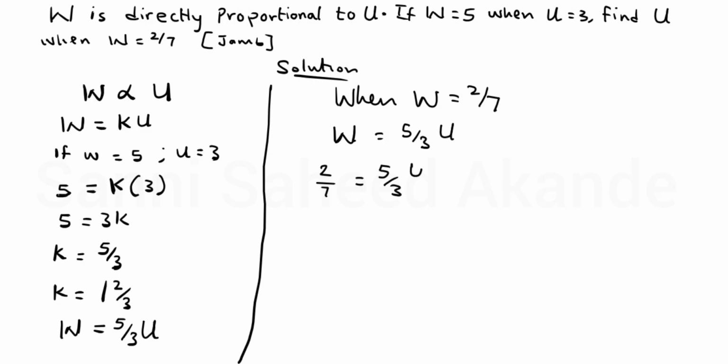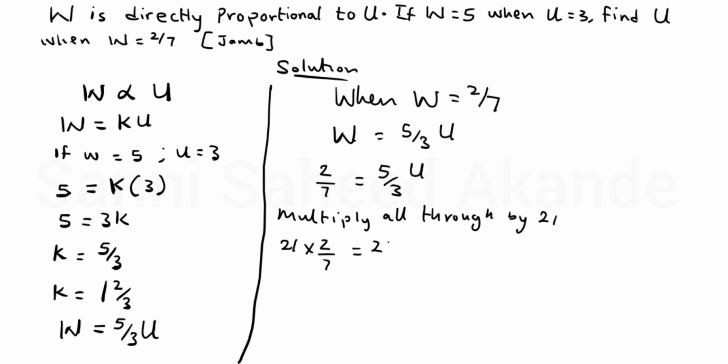Okay, so the LCM of 7 and 3 is 21. So I'm going to multiply all through by 21, so that I have 21 times 2 over 7 equal to 21 times 5 over 3 u.